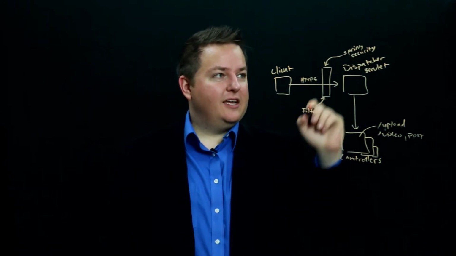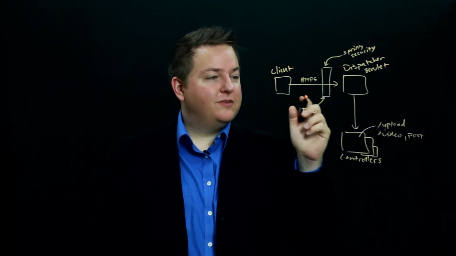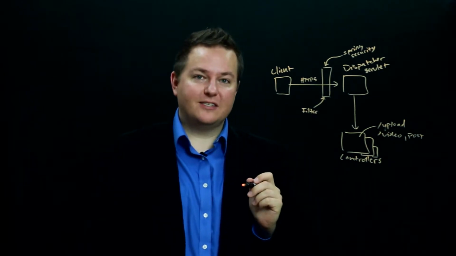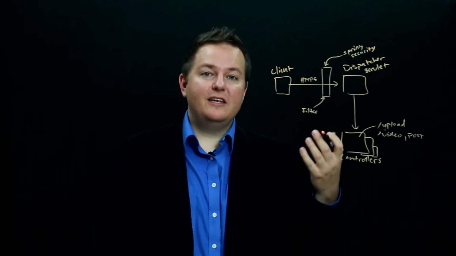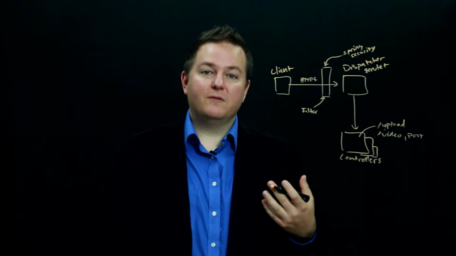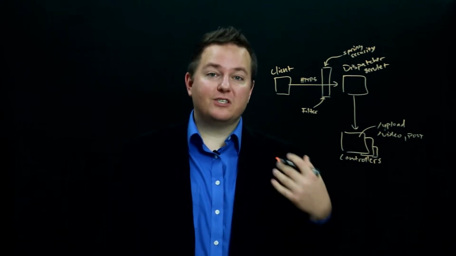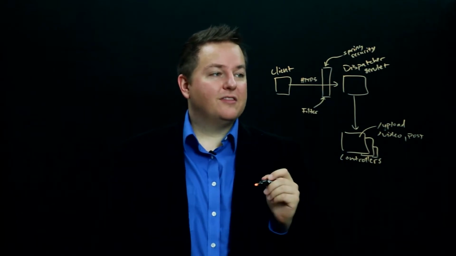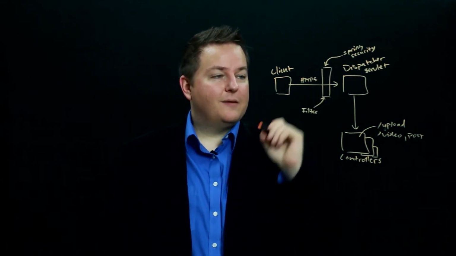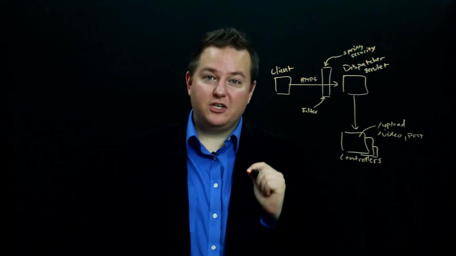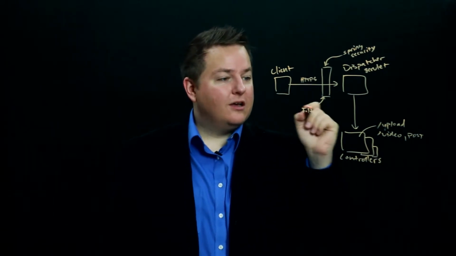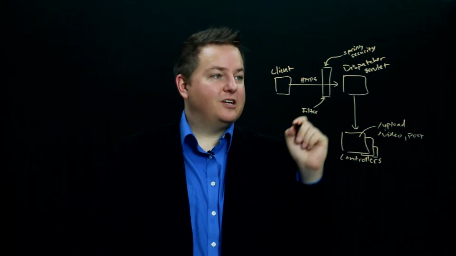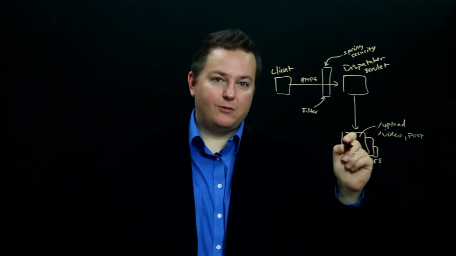So what the Spring Security framework does is this filter looks at the incoming request and it says, is there any type of session information in here that I can use to establish the identity of this client? So it may look at this request that's coming in and say, oh, I see a session cookie. I will look up the user associated with that session cookie and attach it to the request.